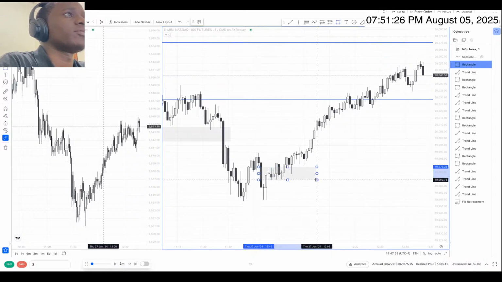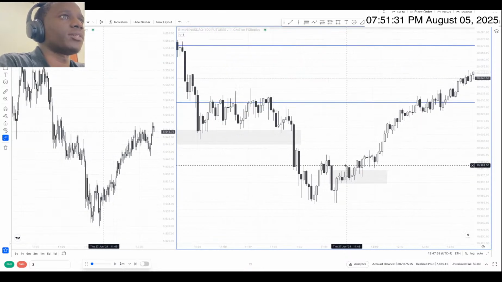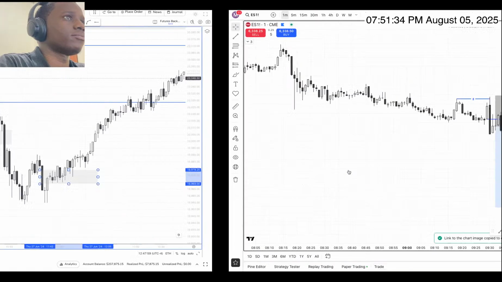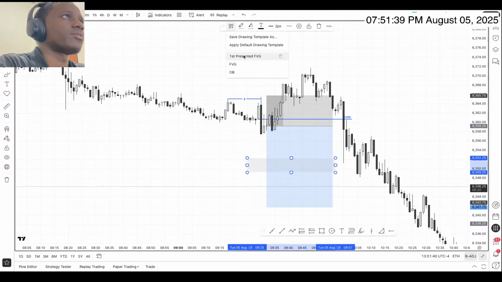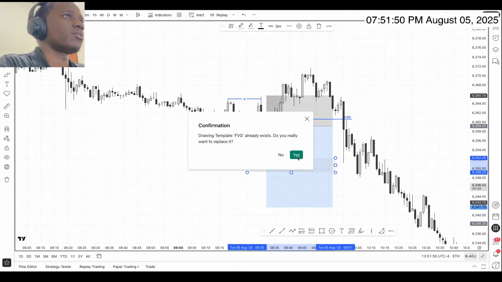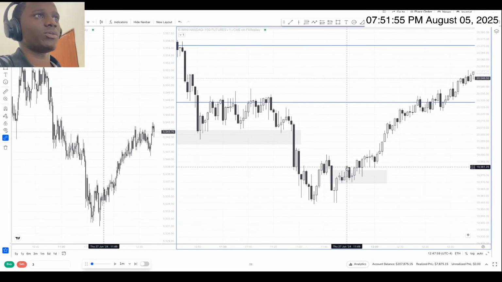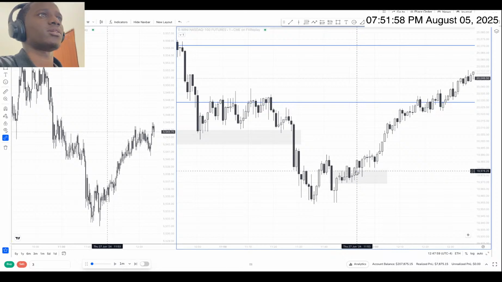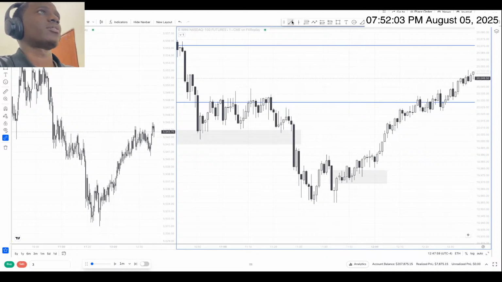We'll have this fair value gap that was embraced, and closing above it, this thing looks good. So you can see we'll close above it, and then we'll trace back into it, and then push higher, and then we get this again, showing that the price is going higher.